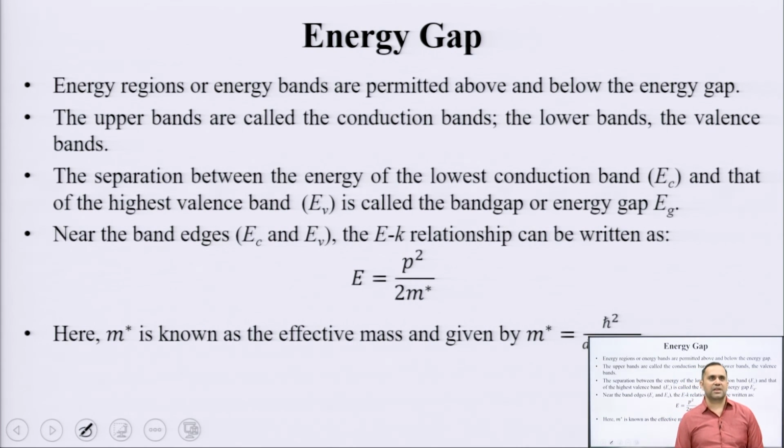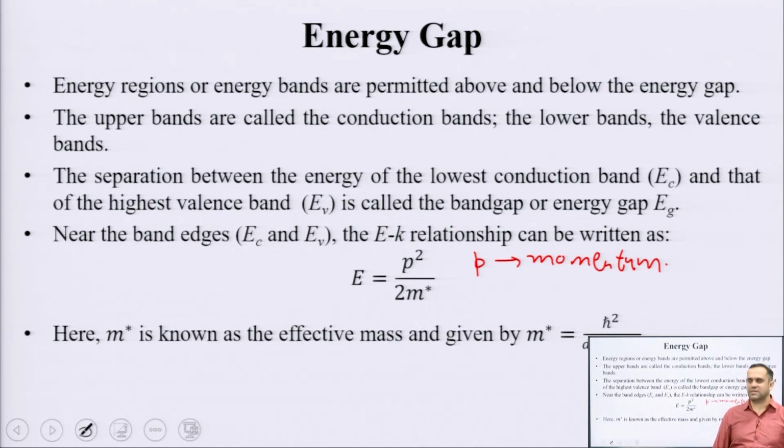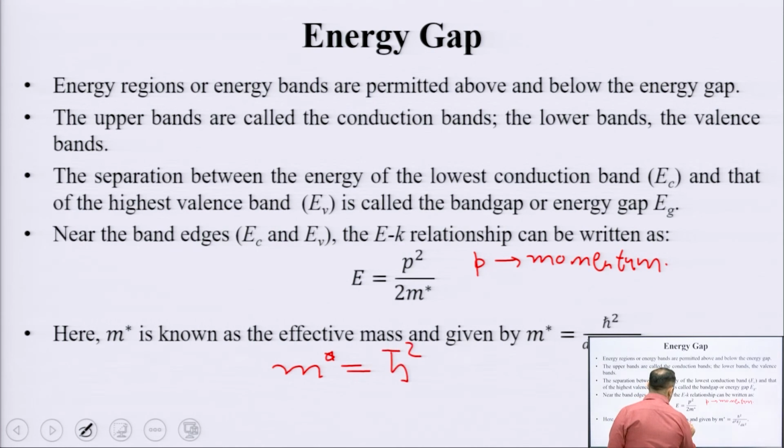And near the band edges, the E-k relationship which we have just seen on the previous slide is given by E equal to p square by 2m star, where p is the momentum of an electron and m star is what is known as the effective mass, given by h bar square divided by the double derivative of energy with respect to k.